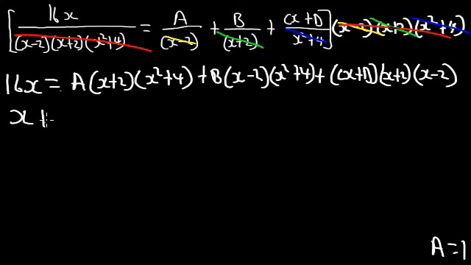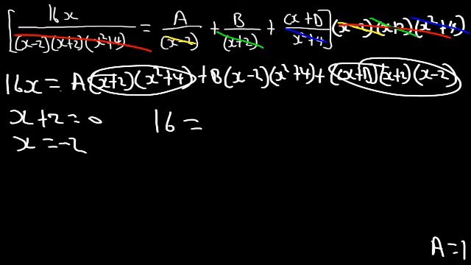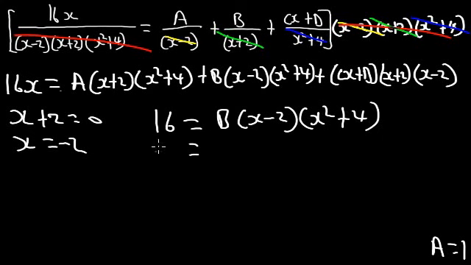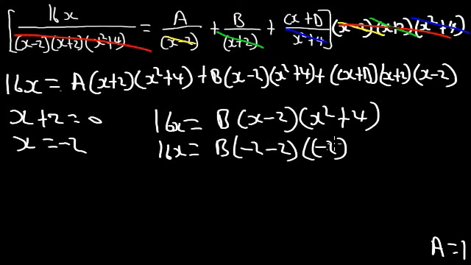At x plus 2 equals 0, x is equal to minus 2. In this case, we have 16x equals, this has been 0, this has also been 0, B in the bracket of x minus 2, x squared plus 4. So if I plug in negative 2, 16 times negative 2 equals B in the bracket of negative 2 minus 2, multiplied by negative 2 all squared plus 4.